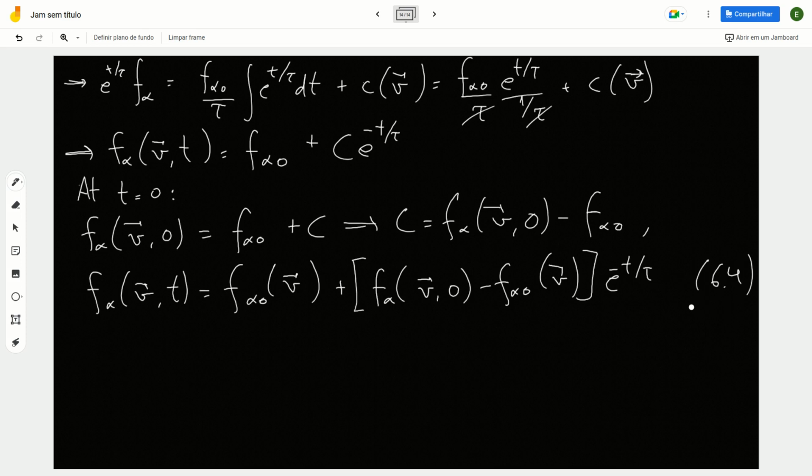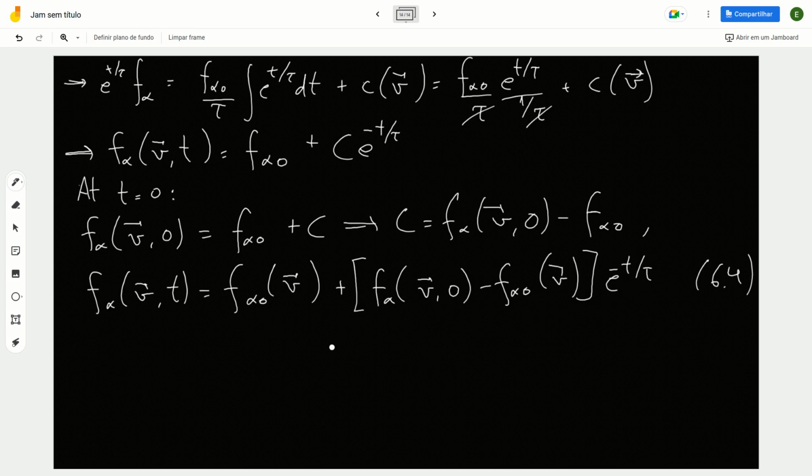This can be interpreted as the difference between f_alpha and f_alpha0 decays exponentially by this term. It decays exponentially with time at a rate governed by the rate of collision, which is 1 over tau.